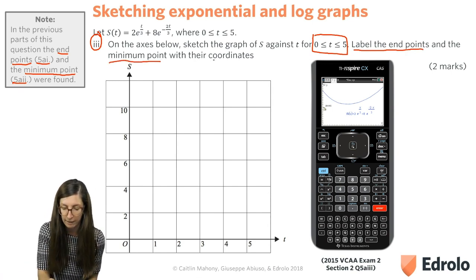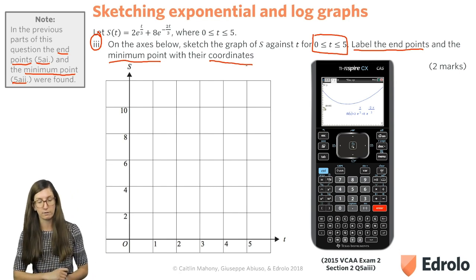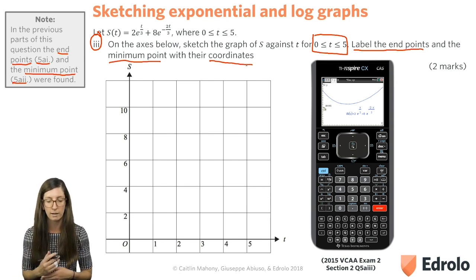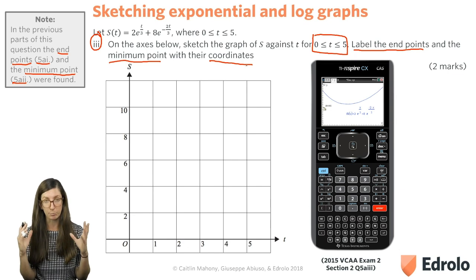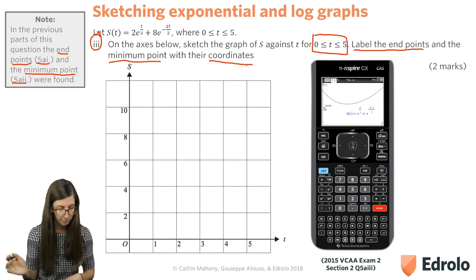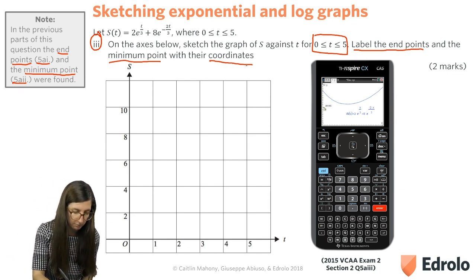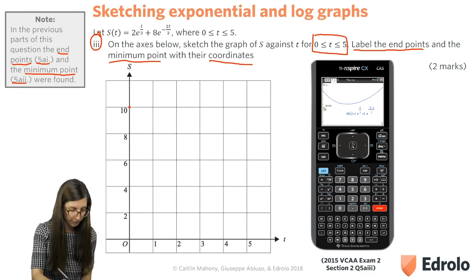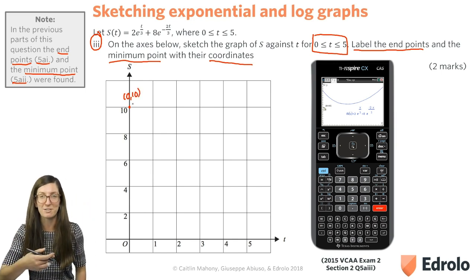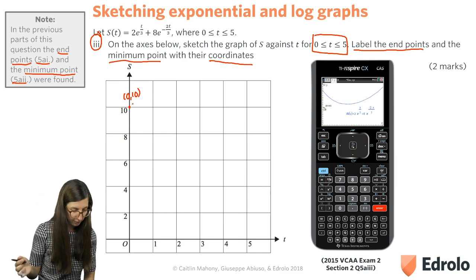And the labels have to be in coordinates, not just an x, not just a y, in coordinates in brackets. So in the previous questions, I'm cheating because I already know what they were, it's going to be 0 and 10. If you want to practice finding endpoints, please go back to those earlier questions and give it a go.